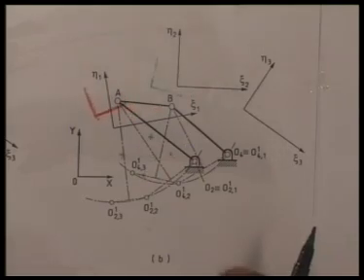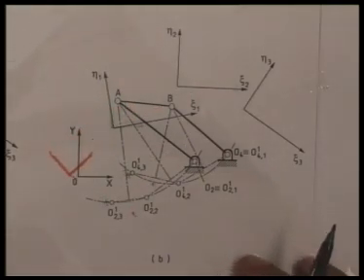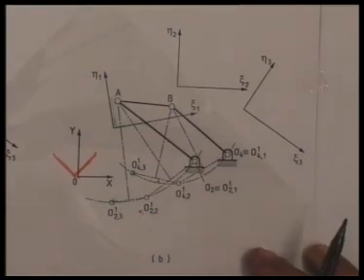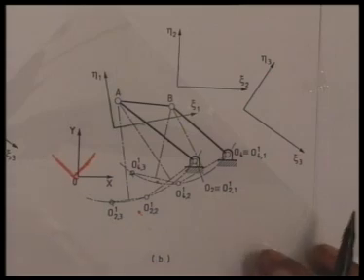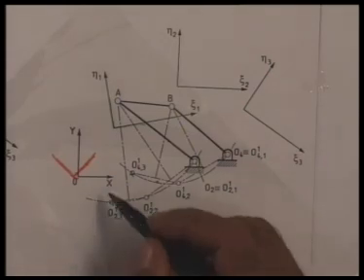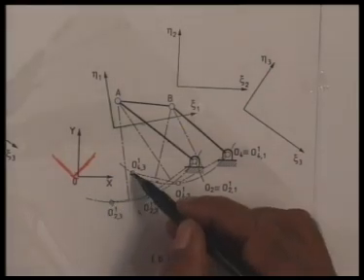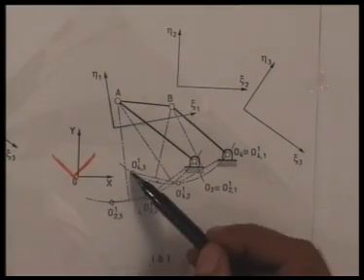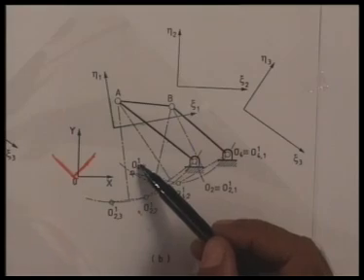So I move this and make eta 3 zeta 3 coincide with eta 1 zeta 1. And as we see, O2 moves here, O4 moves there. So this position I call O2 3 1 and this position I call O4 3 1.